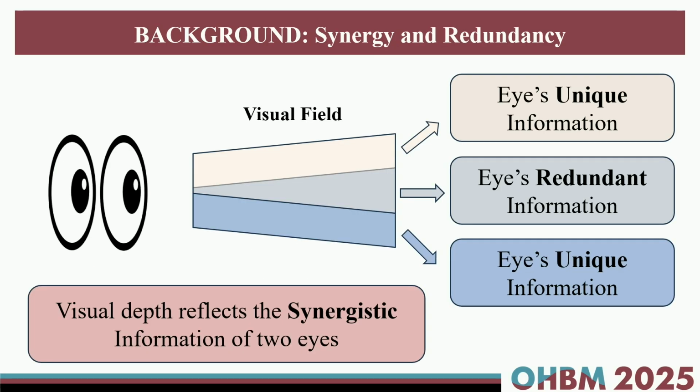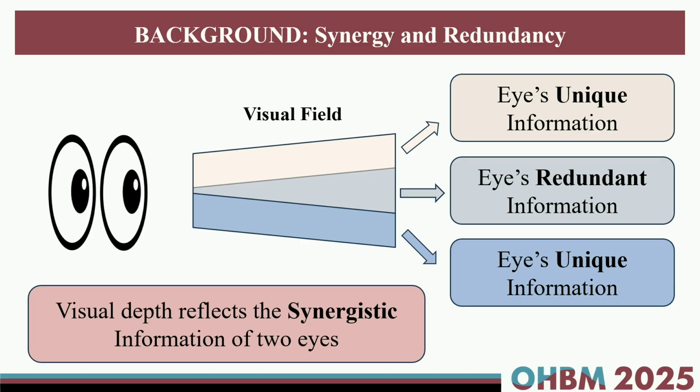Let me first explain what we mean by synergy and redundancy. A very simple example comes from the visual system. Each of our eyes has its own visual field, and there is a large overlapping area between them. This overlapping area represents the redundant information of our visual system, since both eyes are seeing the same information.